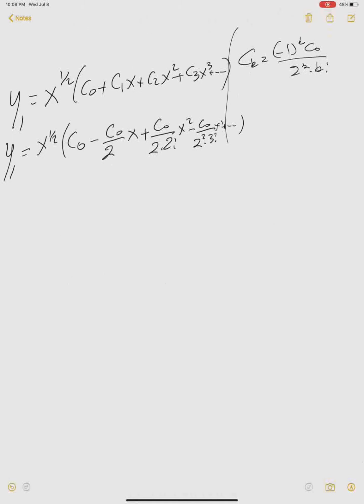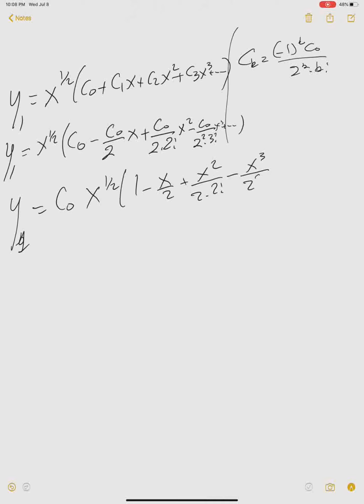So take c0 outside, so y1 equals c0 x power half times 1 minus x over 2 plus x squared over 2 squared times 2 factorial minus x cubed over 2 cubed times 3 factorial plus and so on.